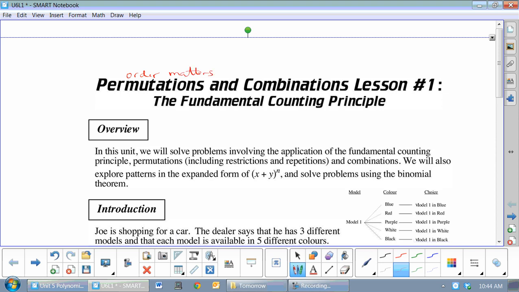For combinations, order doesn't matter. That's always true. So whenever you're asked a question, you have to ask yourself, is this a perm or is this a com? Yeah, order matters, so it's a perm.